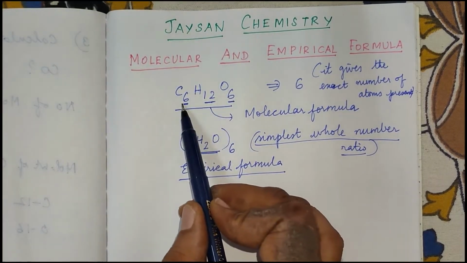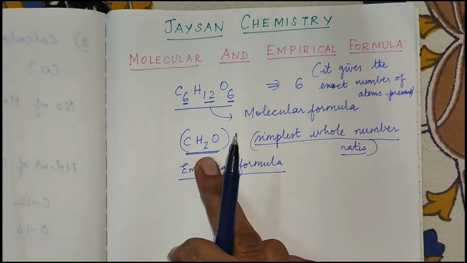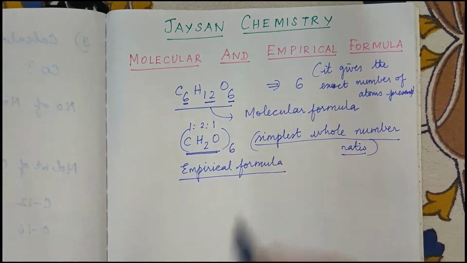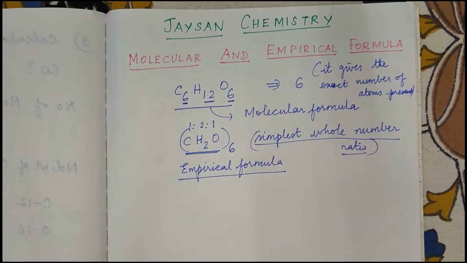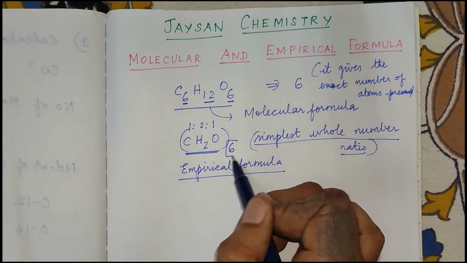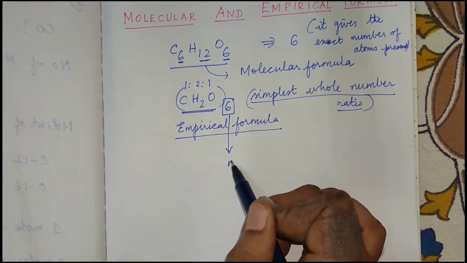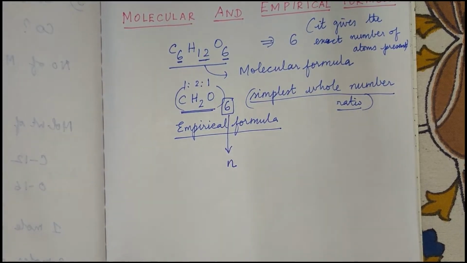So it gives the exact number of carbon, hydrogen and oxygen, whereas this formula just gives a ratio, 1:2:1. It is not the exact number of atoms. Now what is this 6? This is called N.